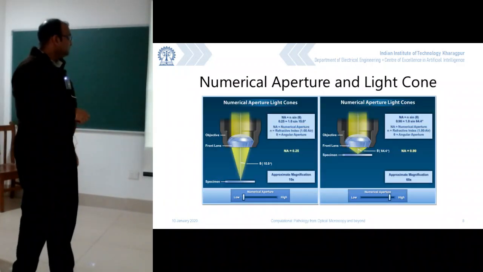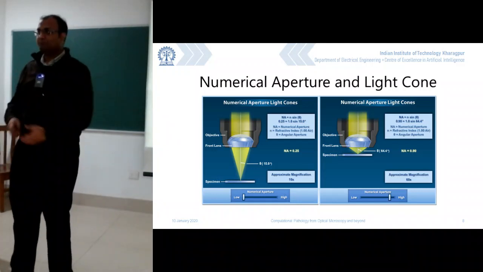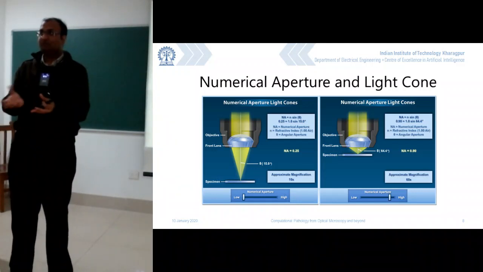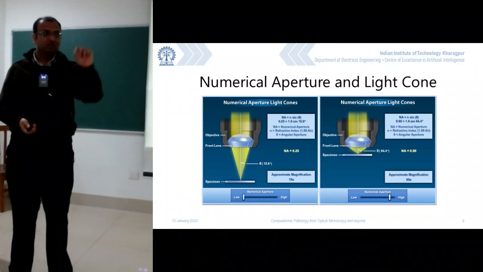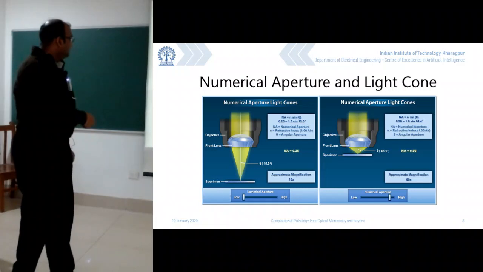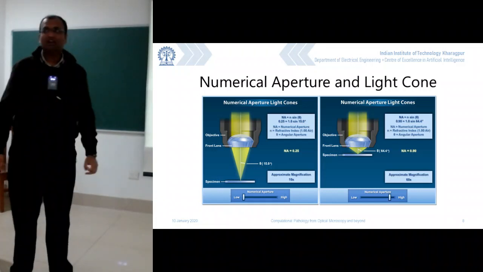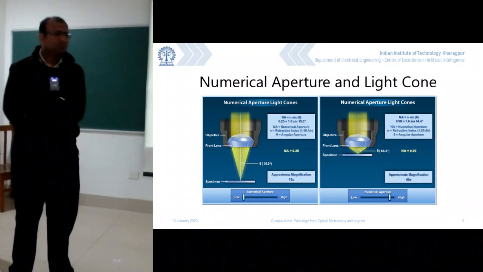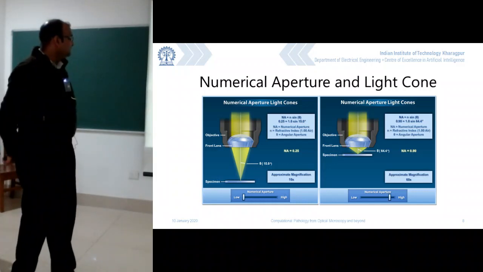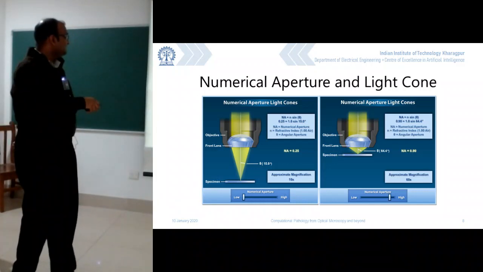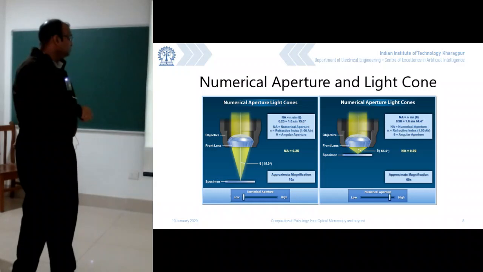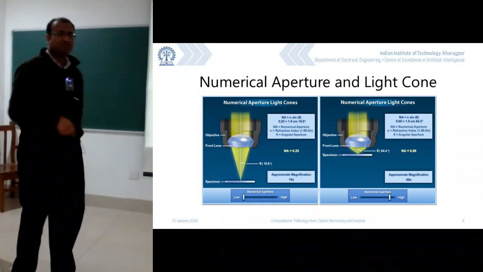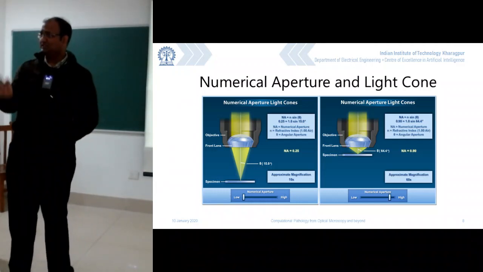Now comes this major important part of looking into what happens as I keep on increasing magnifications, and also there is the issue of the focal change which is happening over here. Now we have a specific thing which is called numerical aperture. In general it's called n sin theta, where n is the refractive index of the media in which you would see this light diverging, and theta is the cone angle of light divergence which enters into the lens.